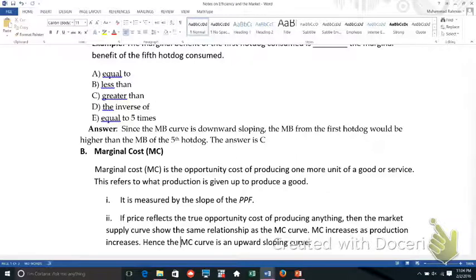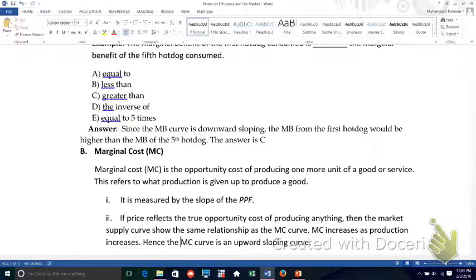So you can think about marginal cost of a good being what goods you are giving up to produce that good. So marginal cost is all about production. Now, as we have learned before when we talked about production possibility frontier, the slope of the production possibility frontier indicates the opportunity cost.